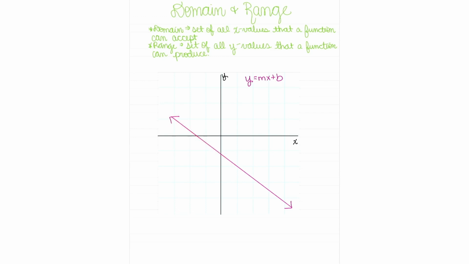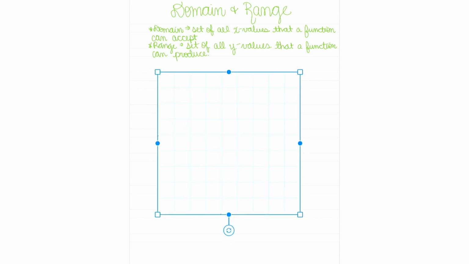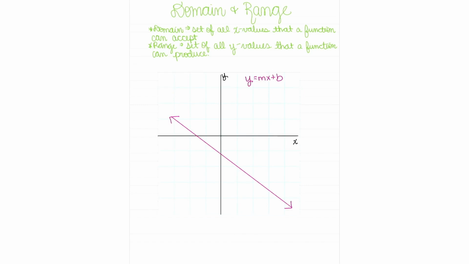This arrow is heading in the northwest direction. If you were to put this on a compass, we would have north, east, south, and west. And this arrow is definitely heading in the northwest direction. Because it has a west component and it's going to the left forever, that means that it's approaching negative infinity.